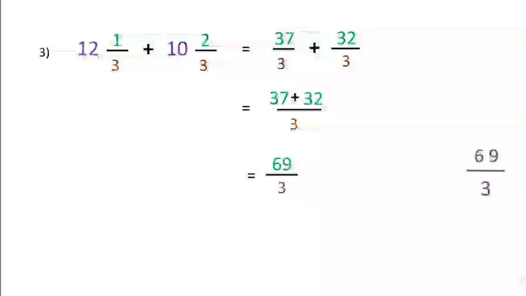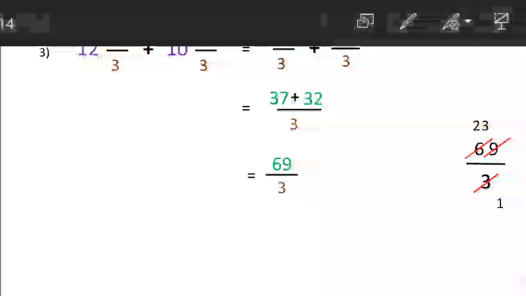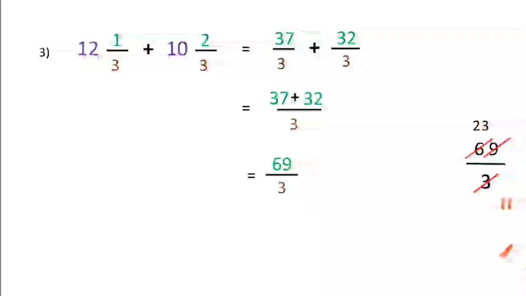We simplify it. Only 3 is the common number. In 3, how many 3? 1. In 6, how many 3? 2. In 9, how many 3? 3. Okay. Then 23 by 1 is 23.